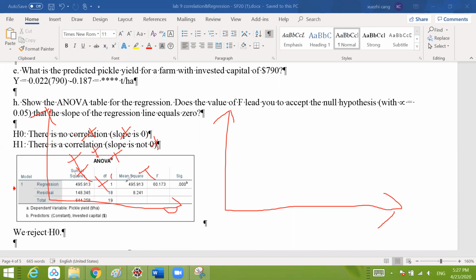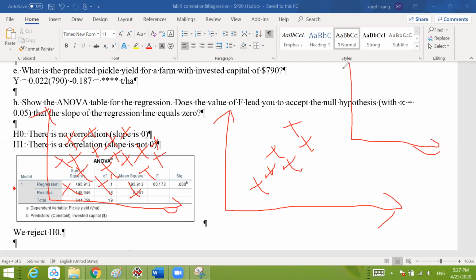For the first one, the variables x and y have no correlation. So the data are just some random data. For the second one, they have a positive correlation. And for the third graph, they have a negative correlation.